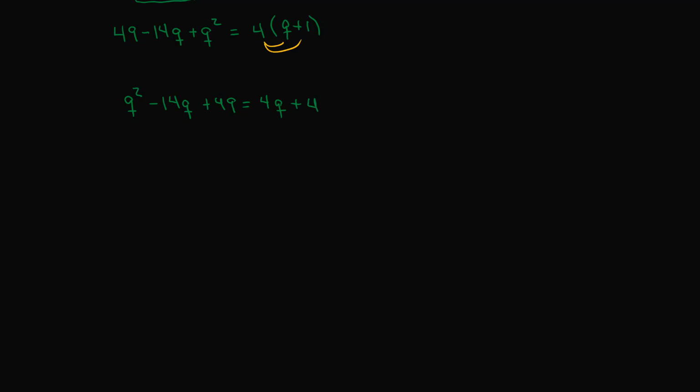Move everything over to the left-hand side is going to give us Q squared minus 18Q plus 45 minus 4 equals 0. This will factor. This factors into Q minus 15 times Q minus 3 equals 0.